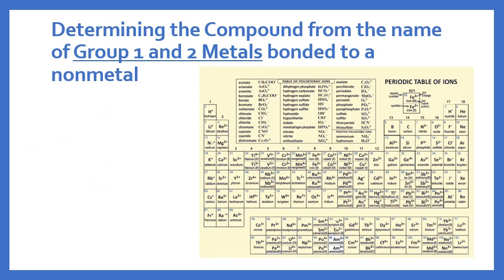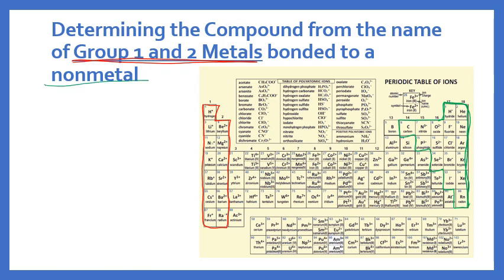So our first step is to turn group 1 and 2 metals bonded to a nonmetal from the name to the chemical formula. So we're going to take group 1 and 2 metals, again bonded with those nonmetals, and we're going to turn the name into the chemical formula.